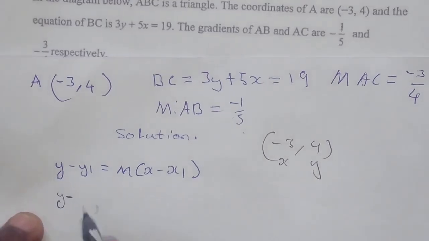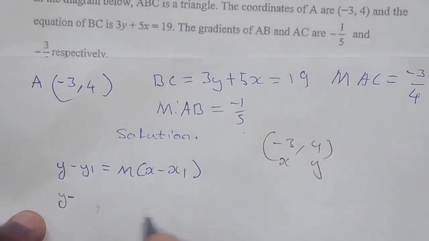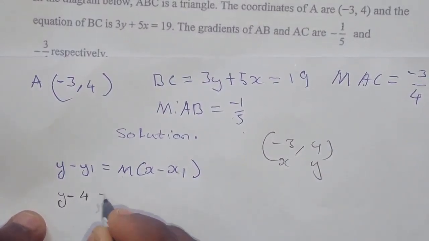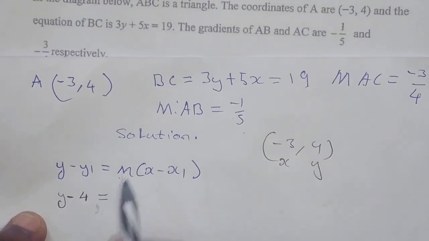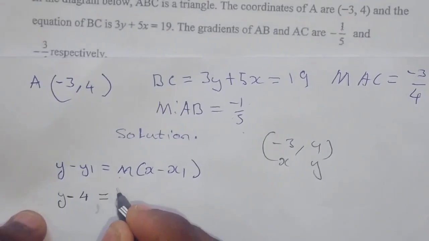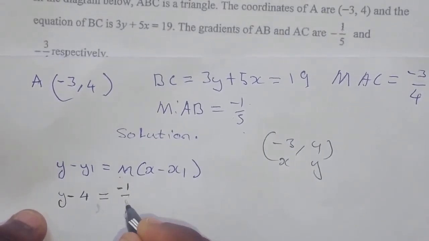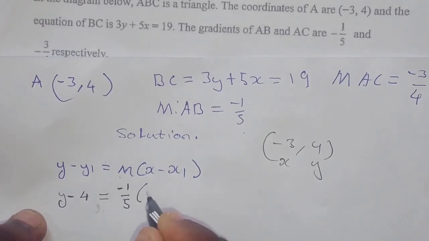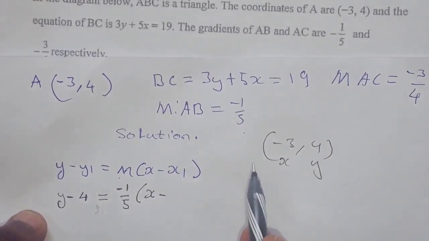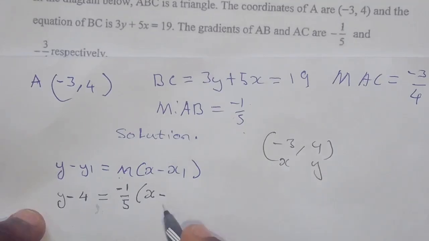So where y1 is, we place 4 here. Yes, equals the gradient. We have been told that the gradient of AB is negative 1 over 5. So we are going to put negative 1 over 5 times x, minus x1, which is negative 3.